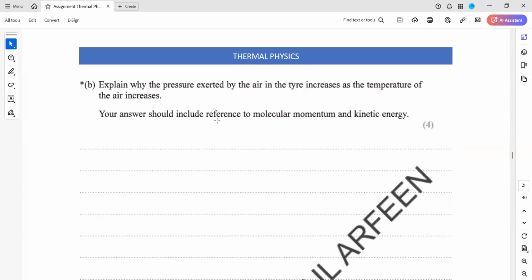Explain why the pressure exerted by the air in the tire increases as the temperature increases. Your answer should refer to molecular momentum and kinetic energy. This is a structured answer. So what is the structured answer?